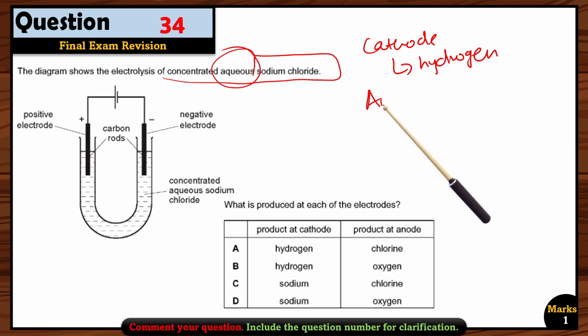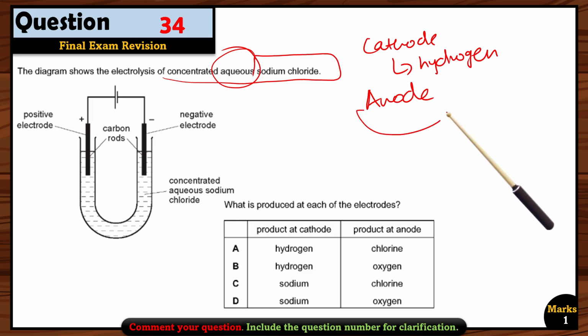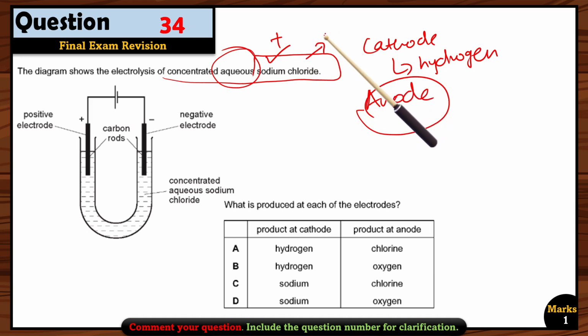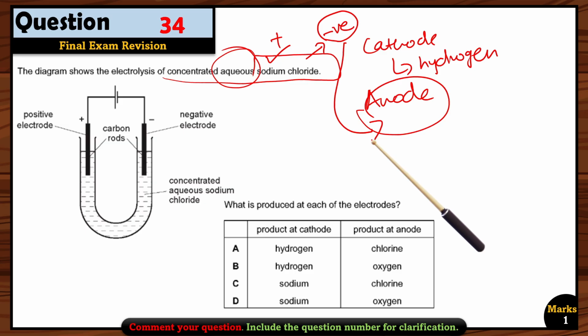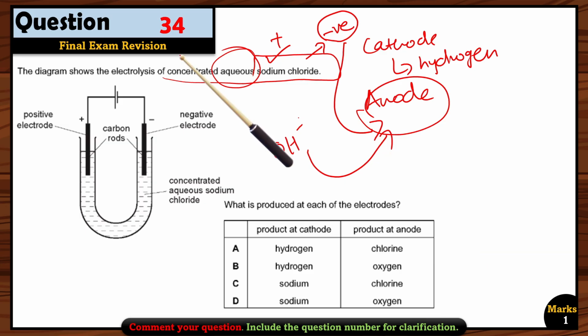Now let's see the anode. I already told you, it is decided on the basis of the concentration. If the concentration is high, like concentrated, then you are going to get your own anion at the anode. Sodium is the positive ion and chloride is the negative ion. The negative ion will move towards the anode, or maybe the OH ions can move towards the anode. So now you have to see the concentration. The sodium chloride is concentrated.